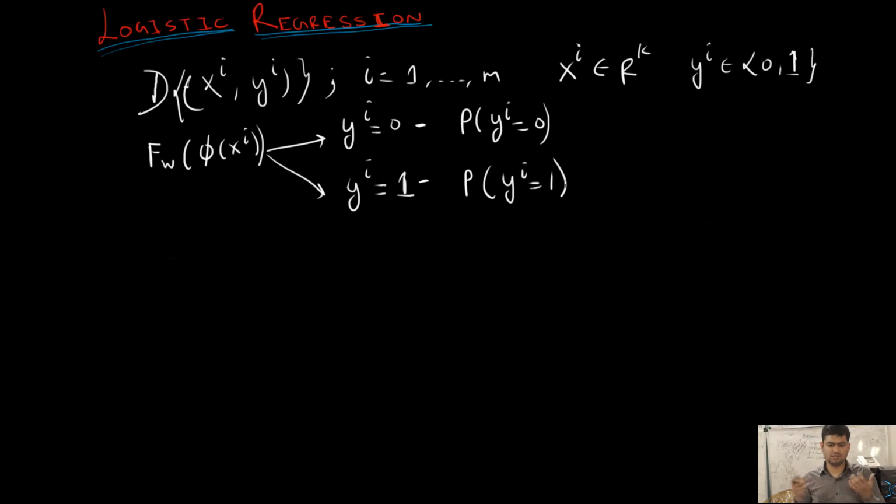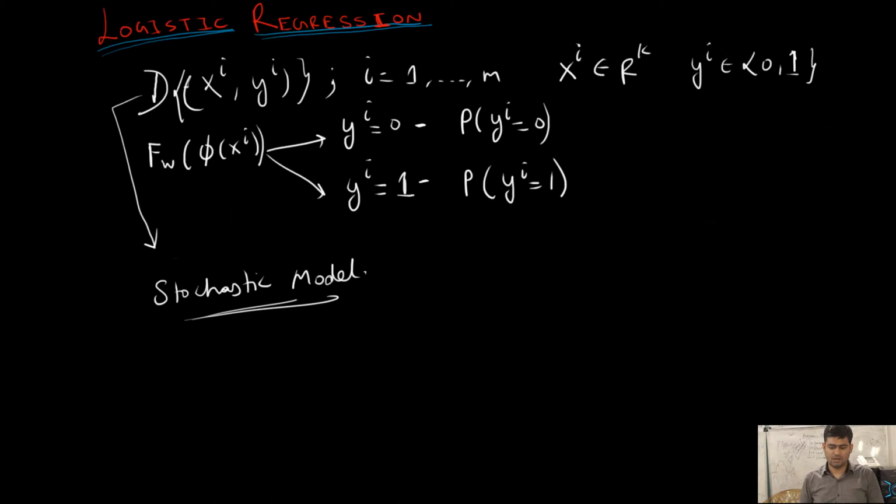To put it simply, we are going to learn a functional mapping on the data set D. We learn a stochastic model, as this function is a stochastic model, that learns to generate the probabilities, or more specifically the conditional probabilities of yi given the input xi and some parameterizable variable w.